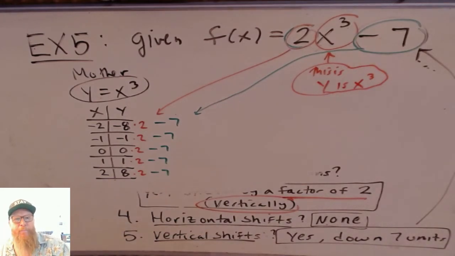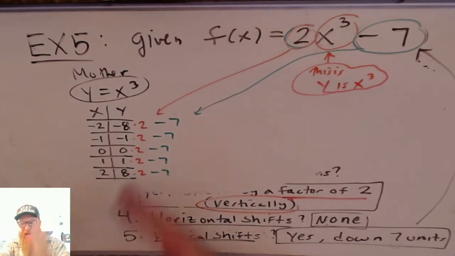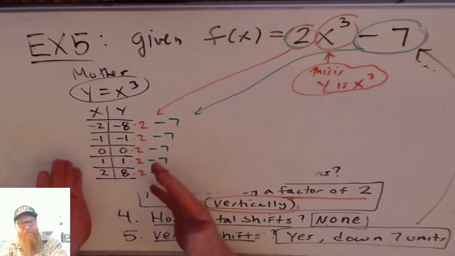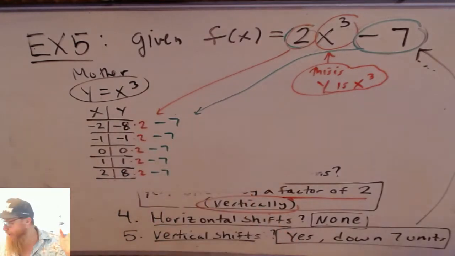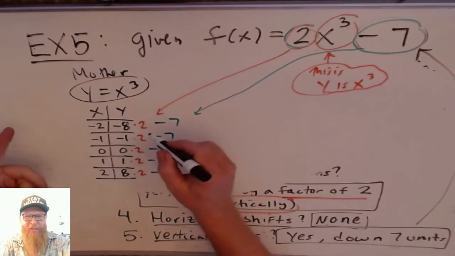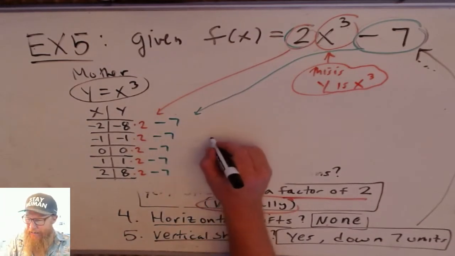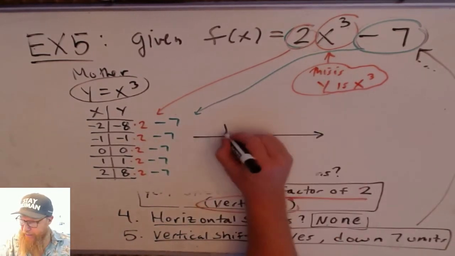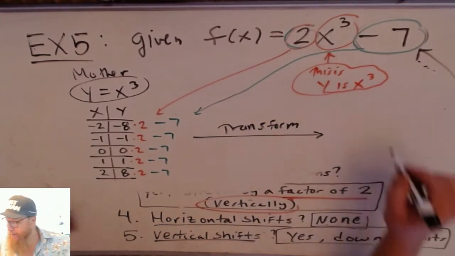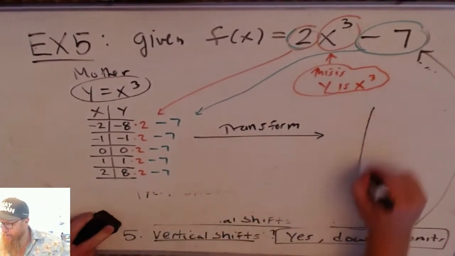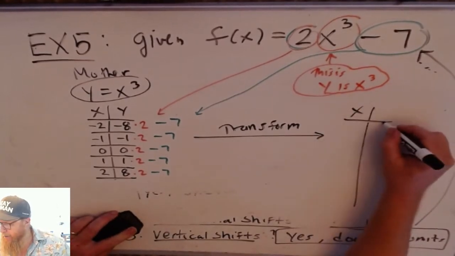All right, and so now that's just the scratch work, really. I wouldn't recommend trying to do all that in your head. So even though I'm calling it scratch work, you should actually do it. And then now I'm going to go through the transformation and get a new set of x's and y's.